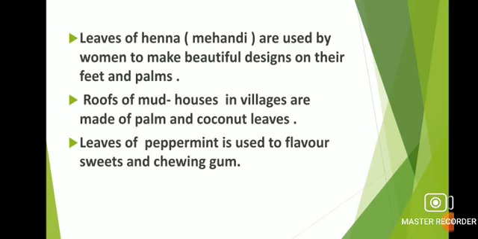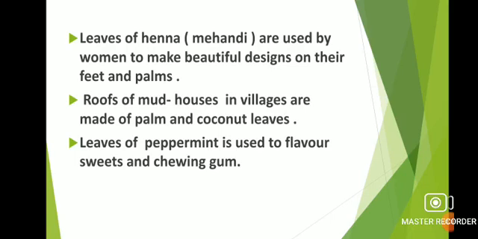Tulsi and neem leaves are used as medicines. Leaves of the ashoka tree and mango tree are used for decoration. In East and South India, people sometimes serve food on banana leaves during festivals and special occasions.